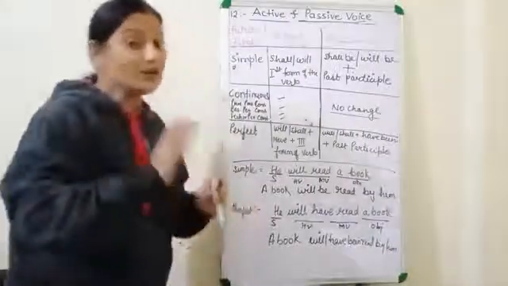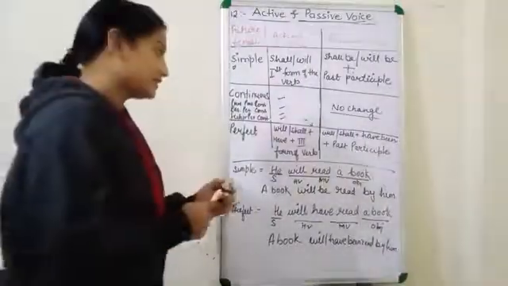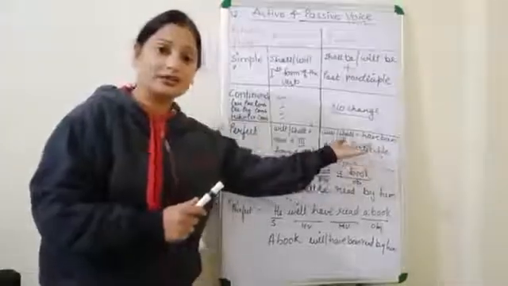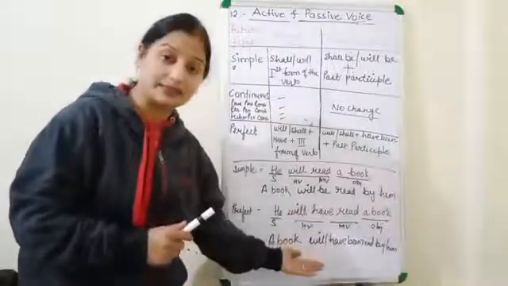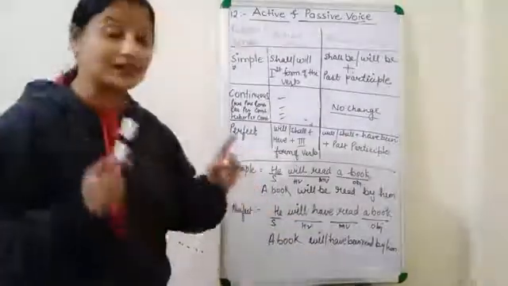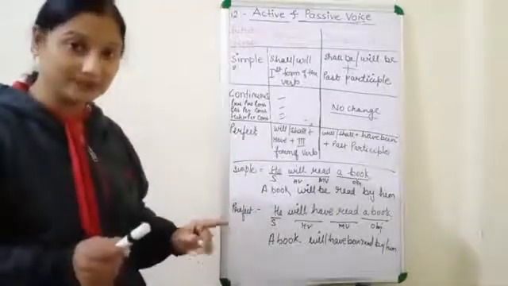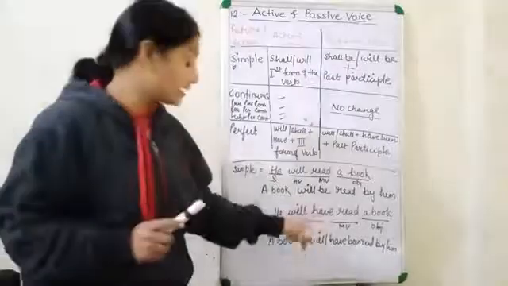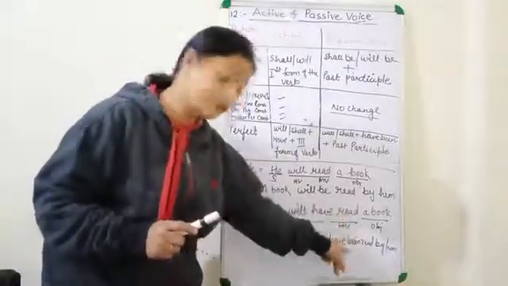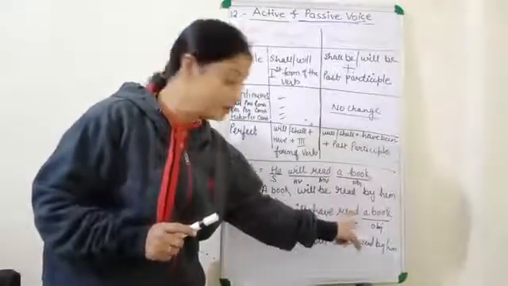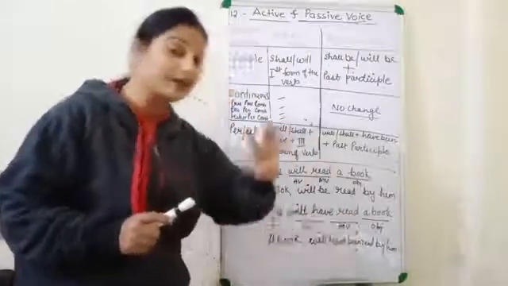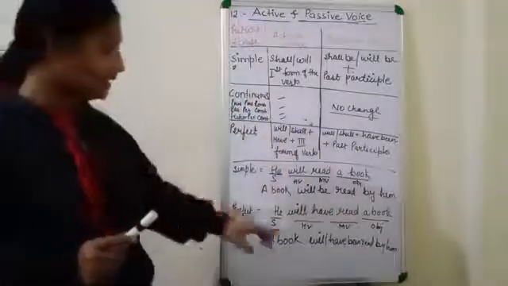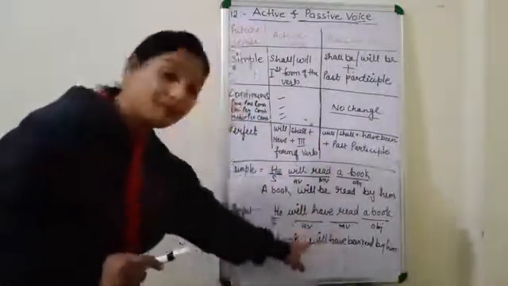Now children, all the steps plus this rule are suitable for this. Number 1, identification. Number 2, interchanging. Number 3, conversion of the verb into the third form. Number 4 will be addition of the helping verb.